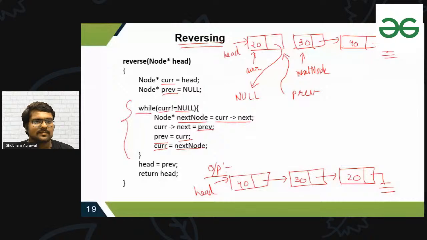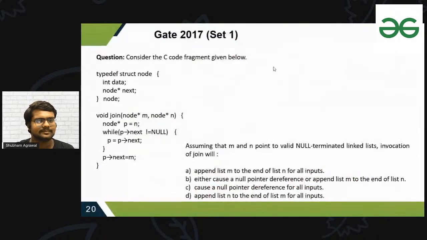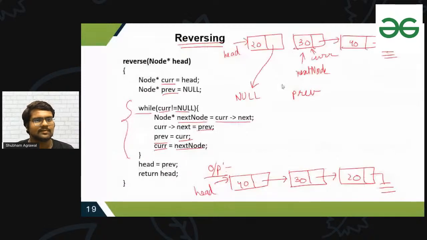Let me redraw it once again. Here, this previous will point to this node 20. Now current is this 30. Again, the next node will be current next, so it will point to 40.